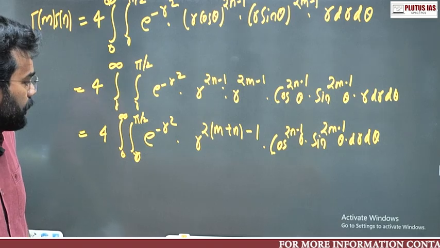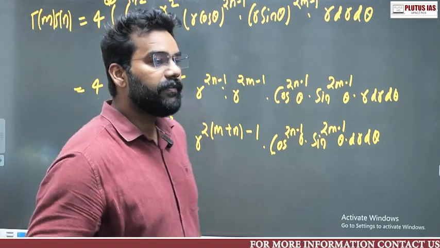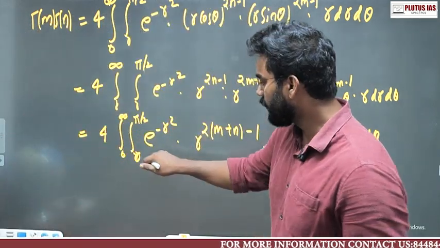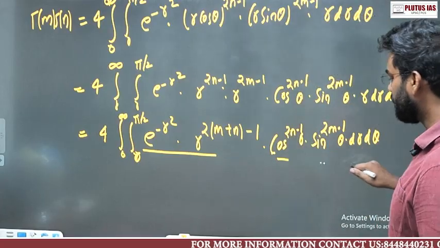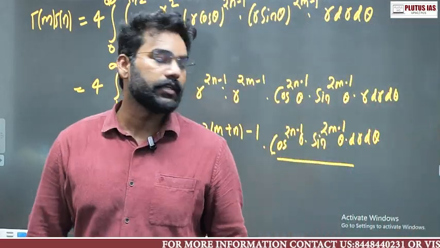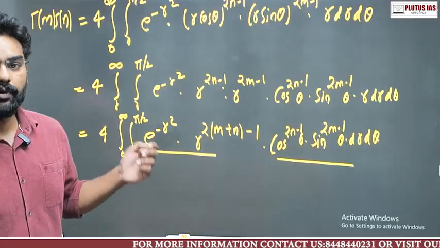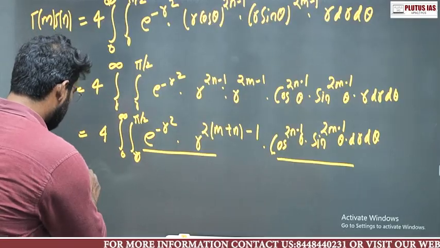Okay, so we have the explicit form including r and theta, so we can divide this double integral into a product of two single integrals.